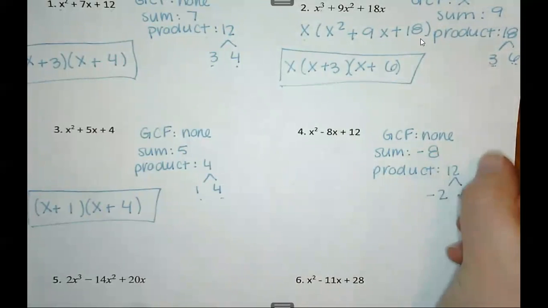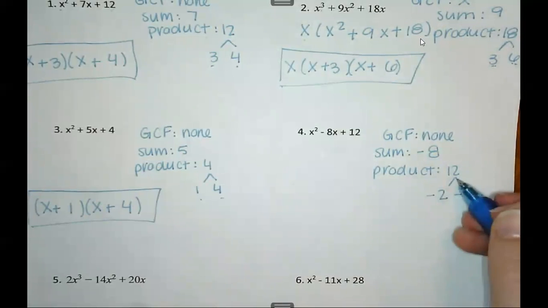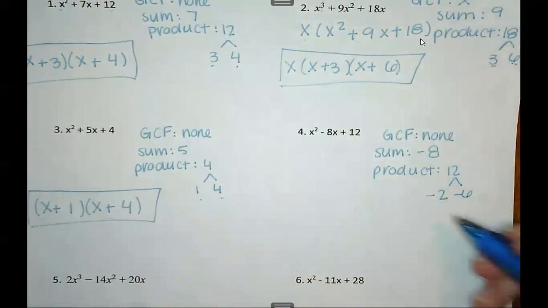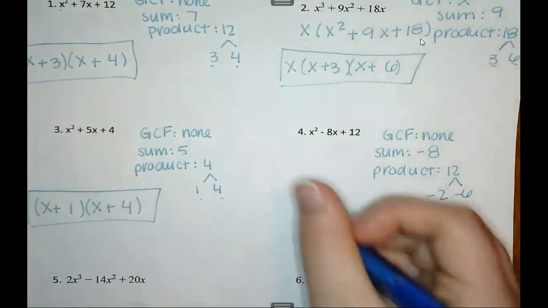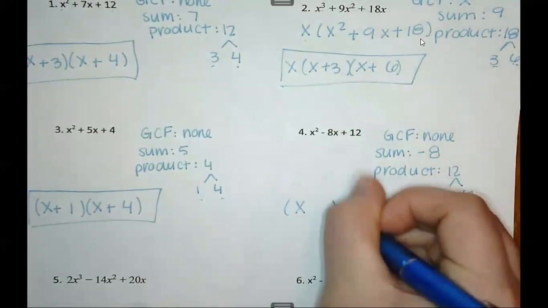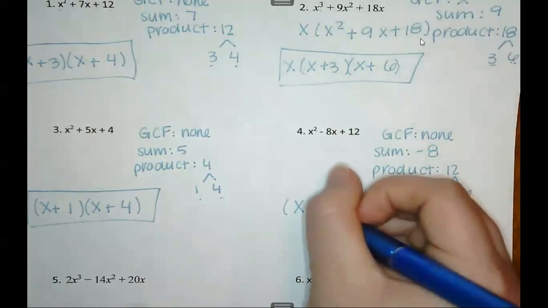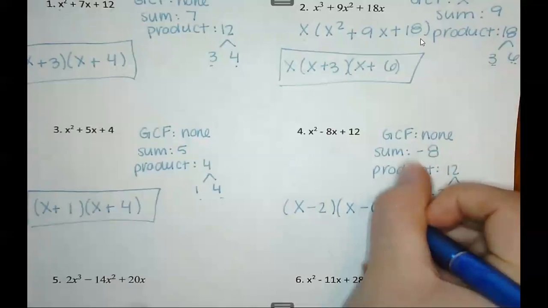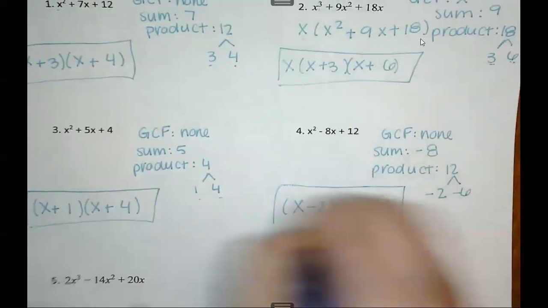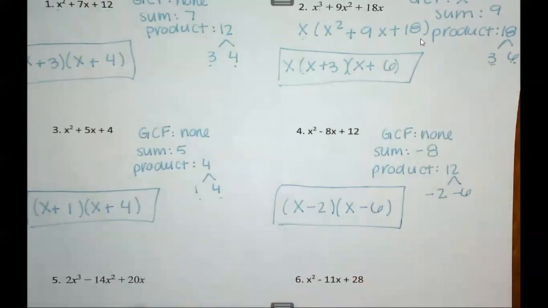However, a negative times a negative would give me positive 12, and negative 2 plus negative 6 would give me negative 8. So now I just write it in factored form, put an x in front of both of my parentheses, and plug in my numbers, negative 2 and negative 6.